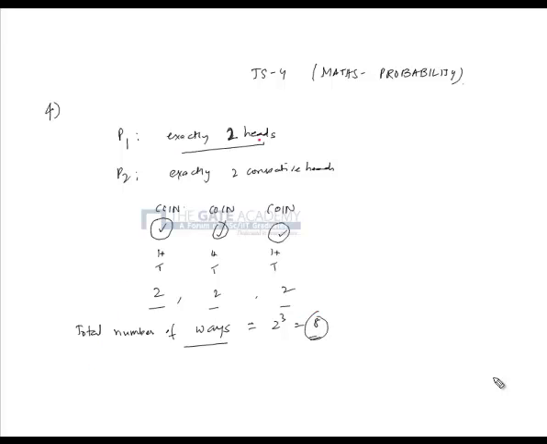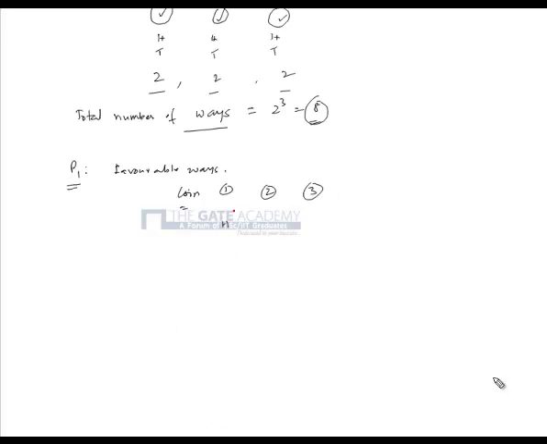Now let's discuss what are the favorable ways for P1. Okay, so coin number 1, coin number 2, coin number 3. Now exactly 2 heads means, if I get a head here, then I may get tail. Okay, this is ruled out, because exactly 2 heads means either head in the first, head in the second, and tail in the third, or head in the first, tail in the second, and head in the third, or tail in the first, head in the second, head in the third.